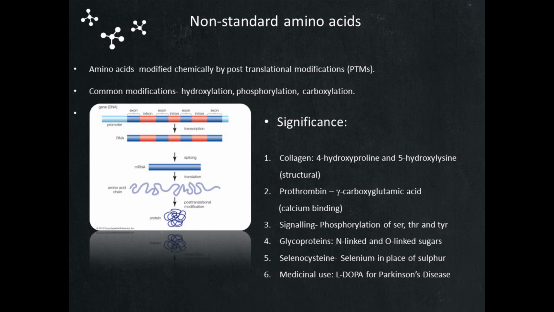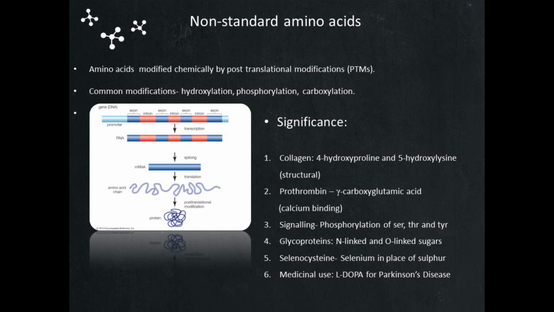Then 3 amino acids which are very common in signaling pathways are serine, threonine, and tyrosine, which get phosphorylated. Also, in glycoproteins, we have amino acids which are modified by attachment of sugars to the nitrogen and to the oxygen atoms.